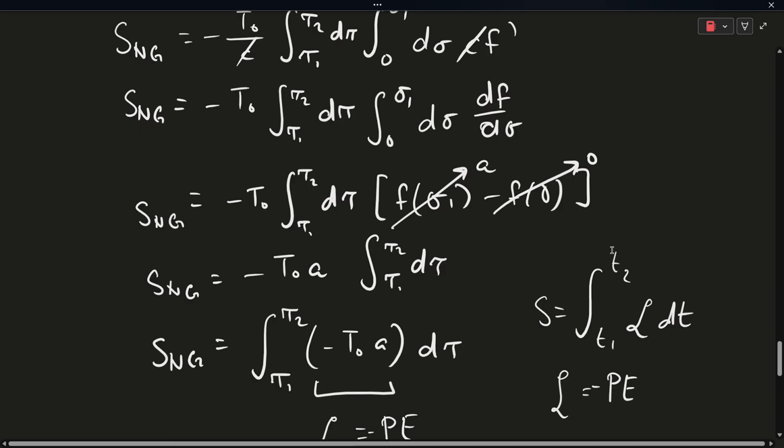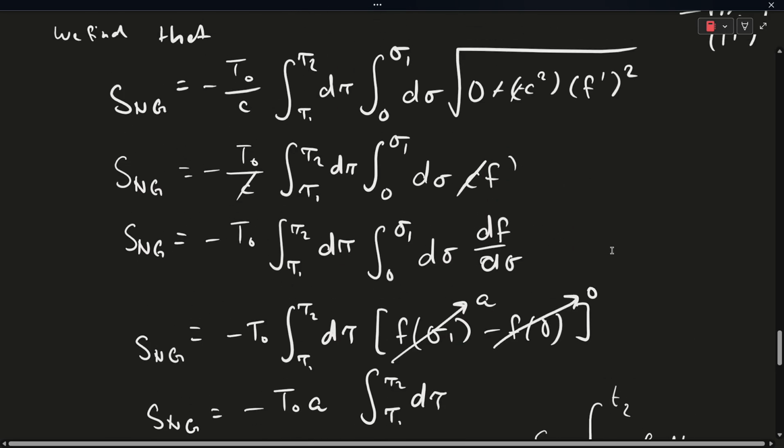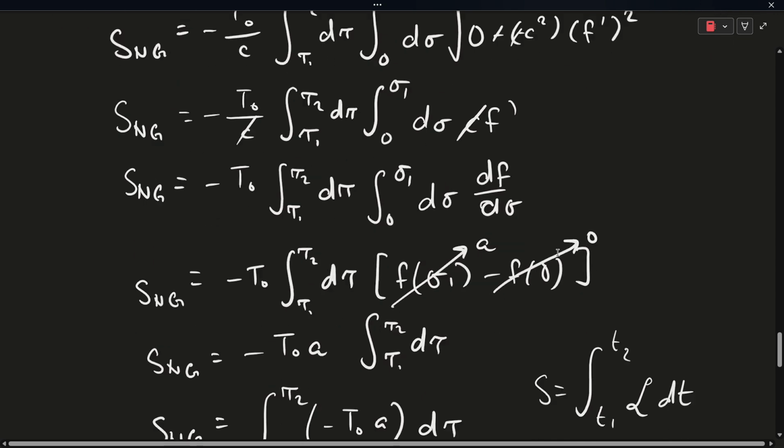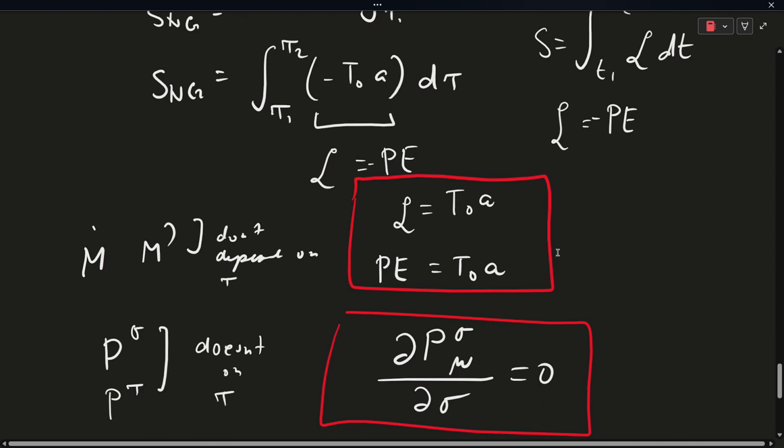And it was also pretty neat that there's a negative in front of my action because that also ensures that my potential energy and my Lagrangian are non-negative.